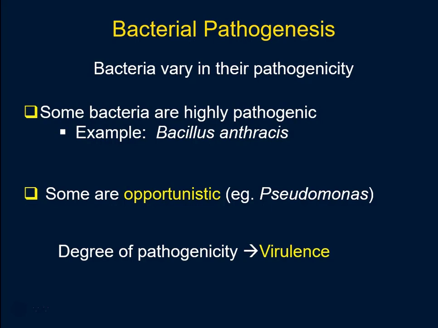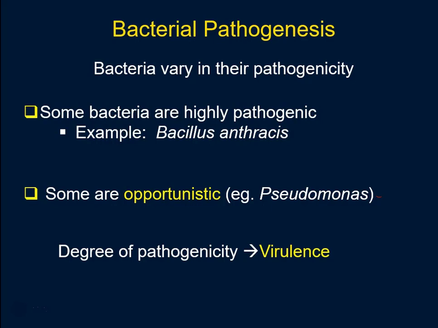Now, on the other hand, some are opportunistic, meaning that normally they're fine, they're not bothering you. But if a situation changes, then it can cause a disease. A clear example is Pseudomonas. Normal individuals exposed to Pseudomonas can deal with it, and we're constantly being exposed to it. If we're of normal health status, we'll be okay.